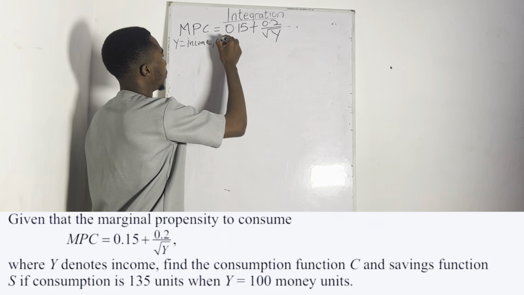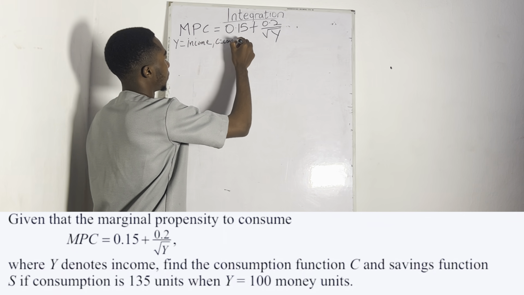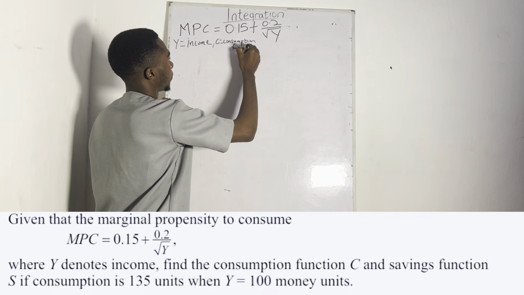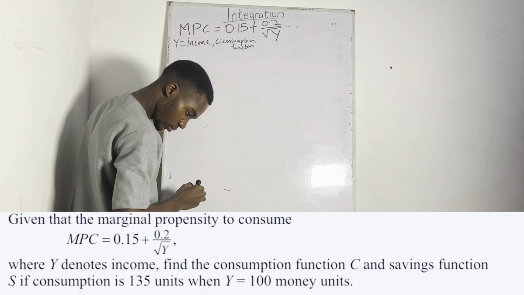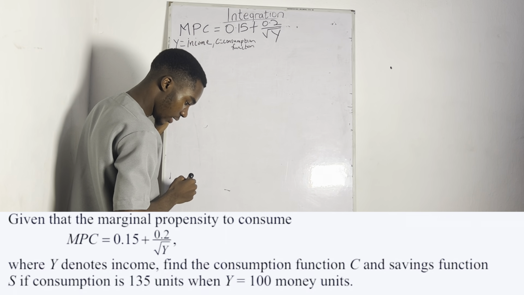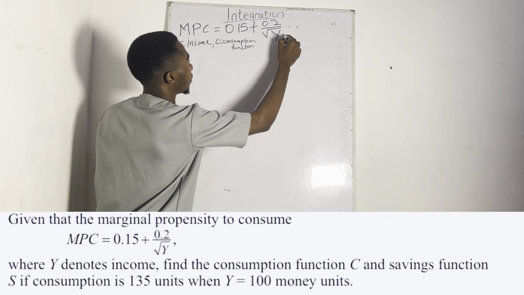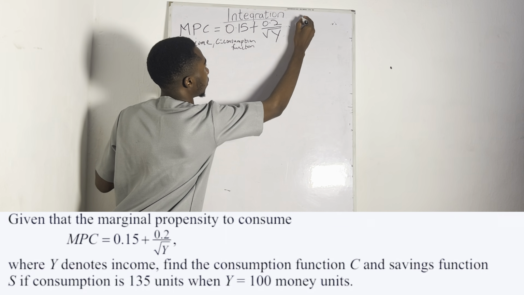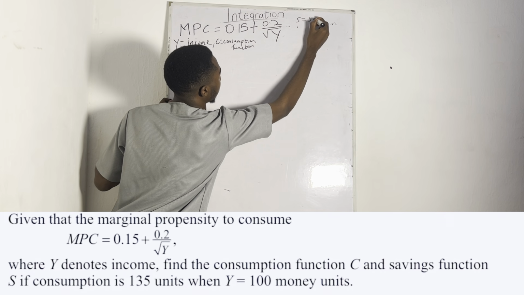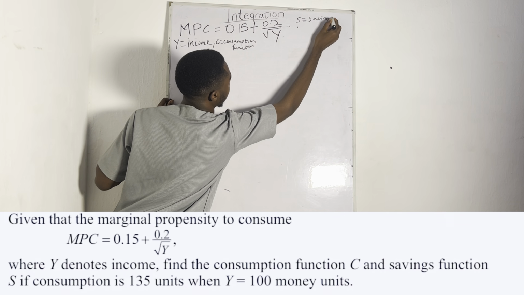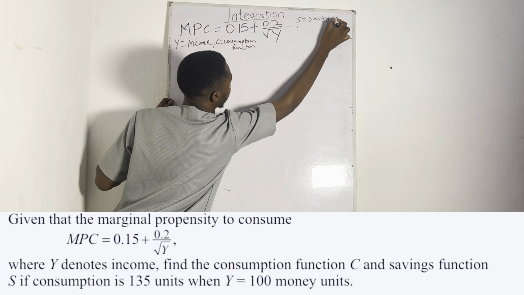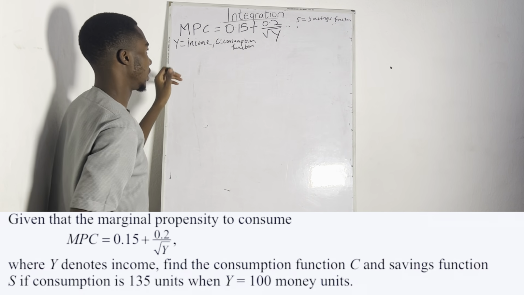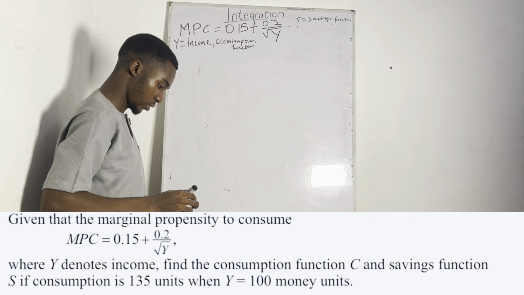So C is equal to consumption function. And savings function is S. And S is equal to savings function. So just put in your head, Y is income, C is consumption, and S is equal to savings.